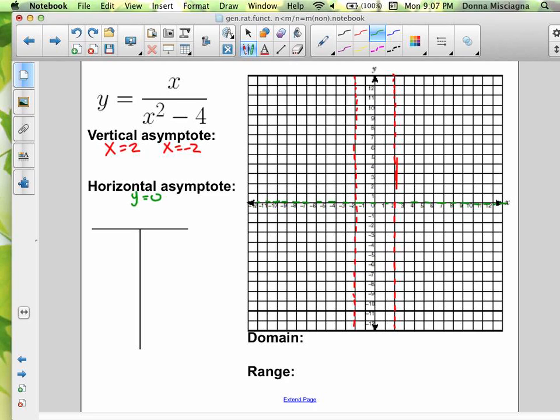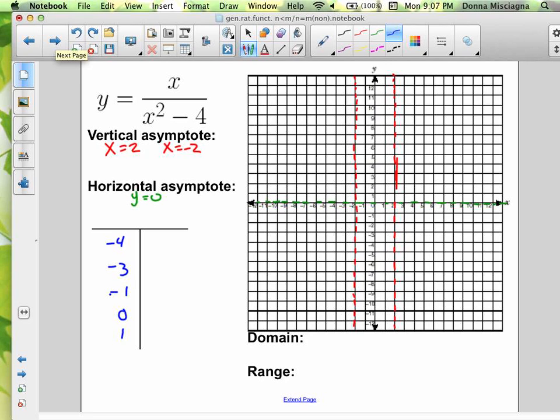We need points on either side of those asymptotes, and we need 3 values in between the 2 asymptotes. So 2 values will be enough for me to the right and to the left. So we'll use -4 and -3. Between the 2 vertical asymptotes, we're going to have to use -1, 0, and 1.